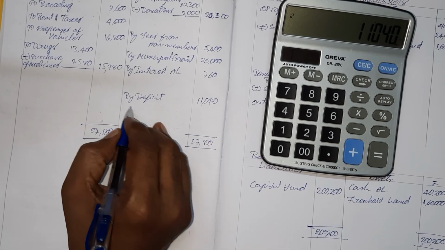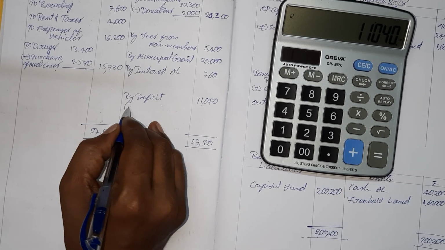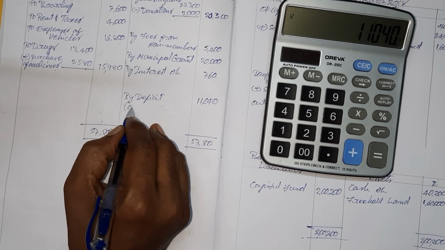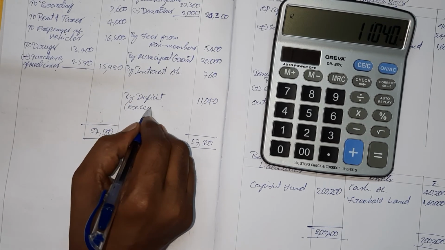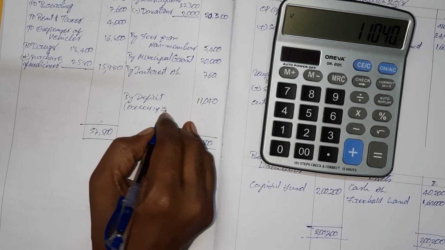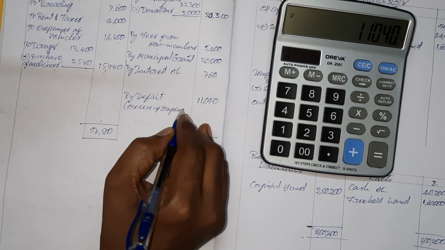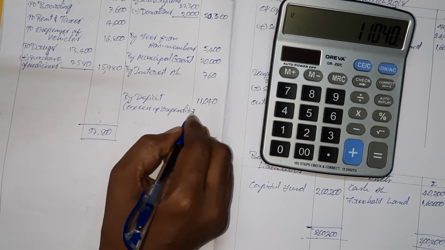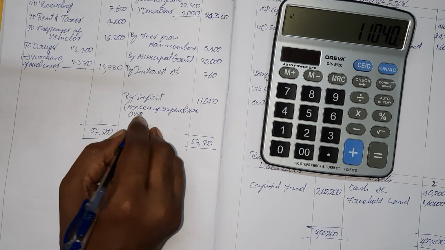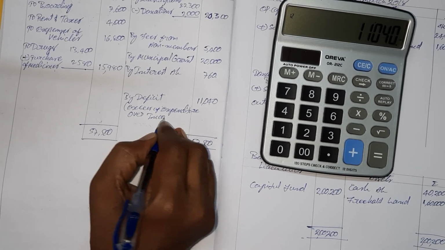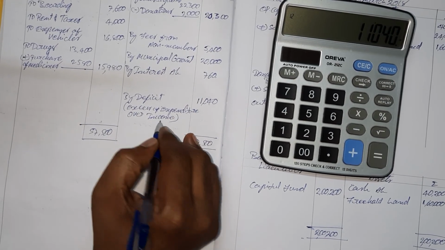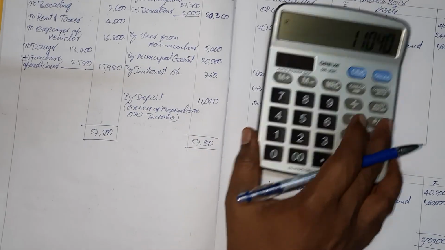That is the excess of expenditure over income. Expenditure is more than income, then it is a deficit.